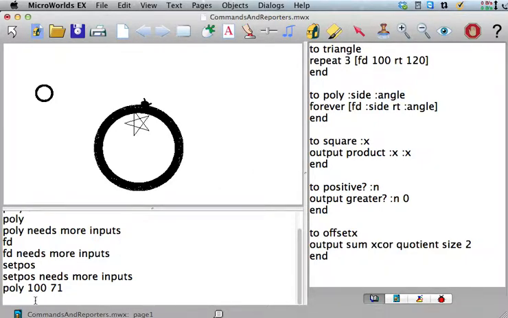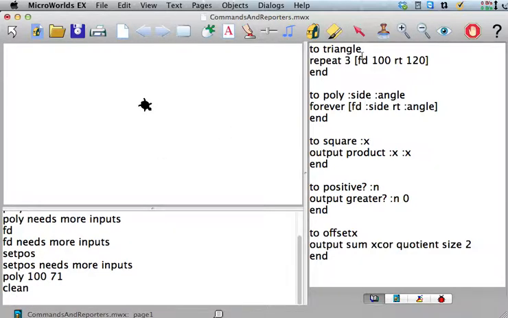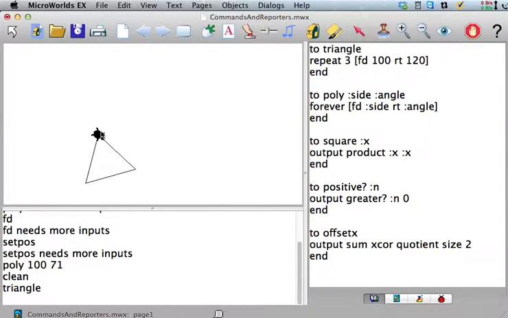Also, let me do this. Let's say we want to be able to draw a triangle of different sizes. Right now, if I say triangle, it draws a triangle where I go forward 100 each time and right 120. But what if I wanted to change it so I could make it different sizes?